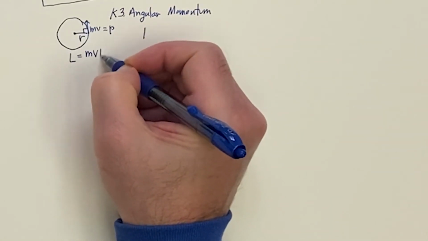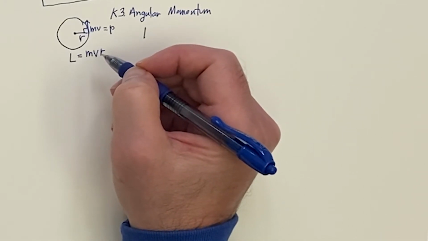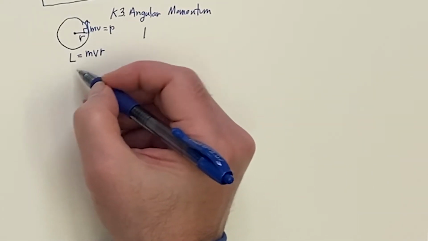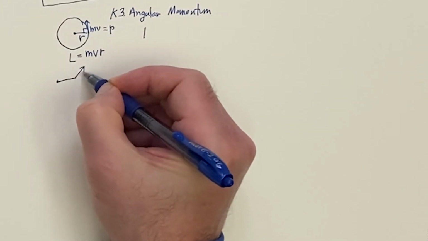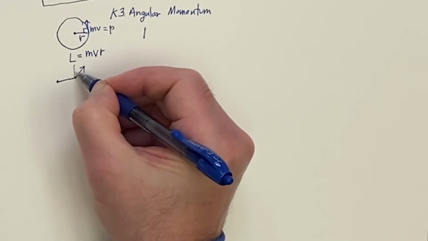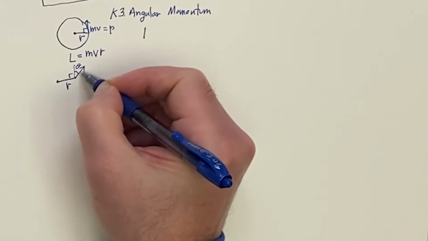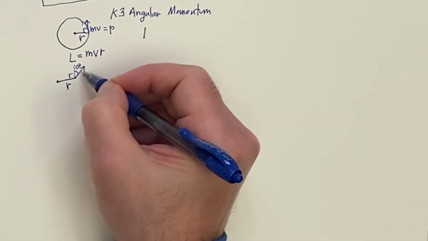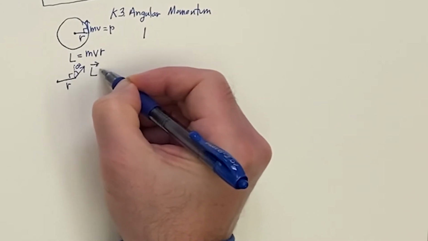This is mvr, your angular momentum in classical physics. And if you're looking at something traveling at some angle, you really want the component that is perpendicular to the moment arm. That's how they define torque when they have a force. But let's just go ahead and define this formally.